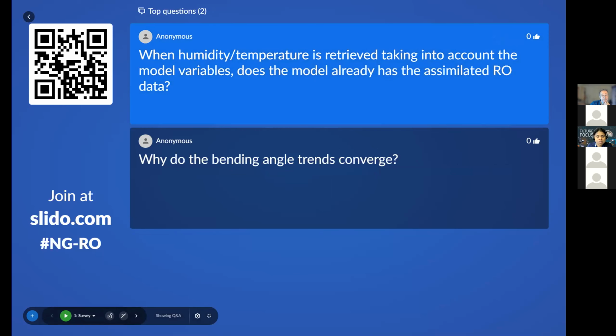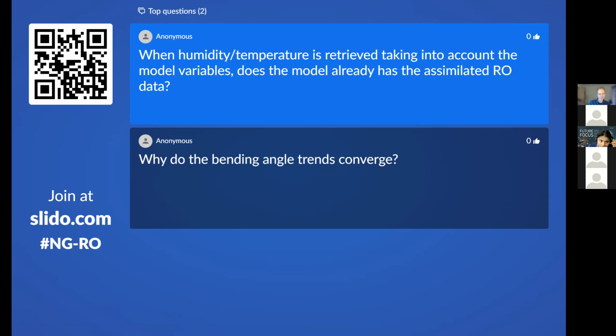When humidity, temperature, etc. is retrieved, taking into account the model variables, does the model already have the assimilated RO data? It has, but in order to avoid circularities, these kinds of problems, we use forecast data. So at a certain point in time, the actual RO data that we work with at that point have not been used in the model data.